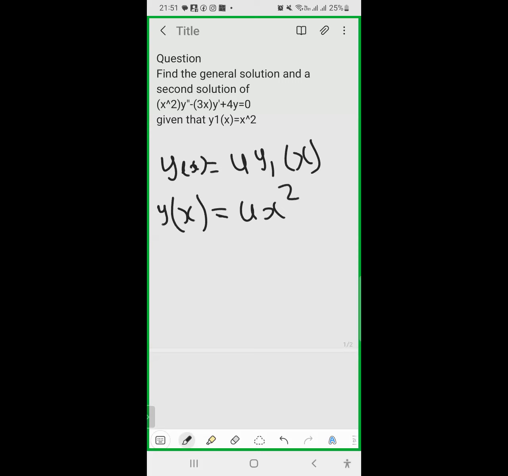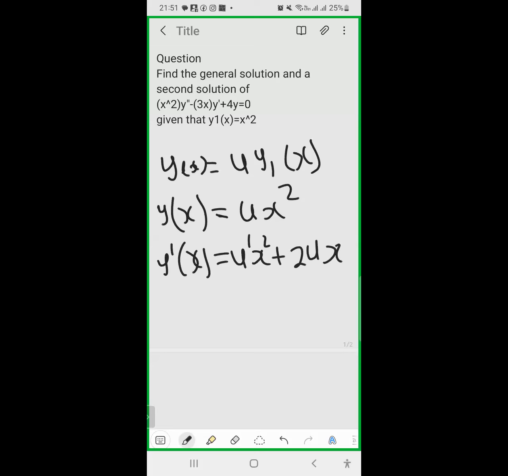Then we're going to continue and find the first derivative and the second derivative of y of x. The first derivative of y of x is going to be u prime multiplied by x squared plus 2u multiplied by x.